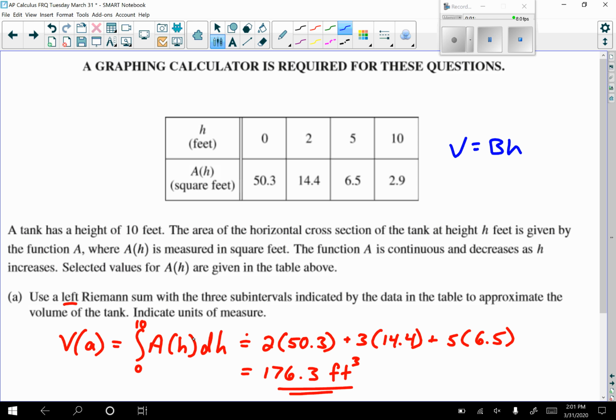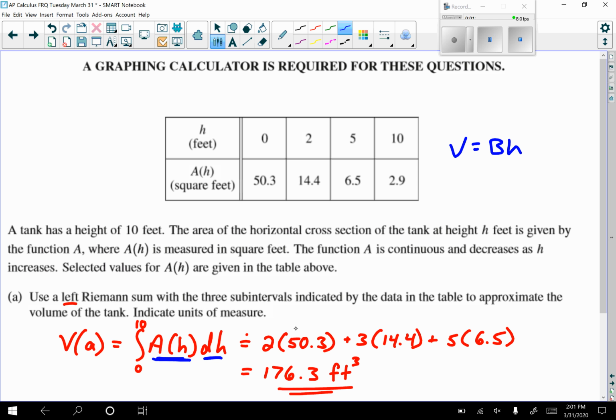We have to write out an integral. So this might be the tricky part of part A. Our volume is going to be the area of our base of this tank times the distance between the heights. So this is the actual h that's up here, and this is our area, like our capital B, times our h. Again, the integral is just going from 0 to 10.